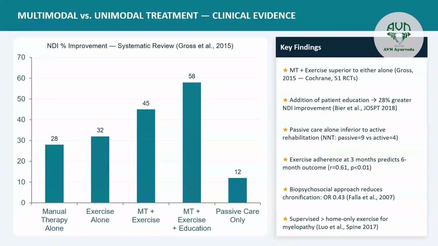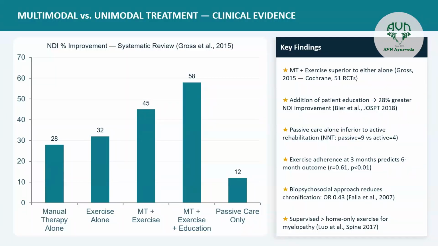So this is the evidence, as it says, we have to implement all the parameters at a time in order to get a positive outcome rather than passive care only. That is, we have to implement the manual therapy, we have to implement the exercise, and we have to educate the patient about what is happening.